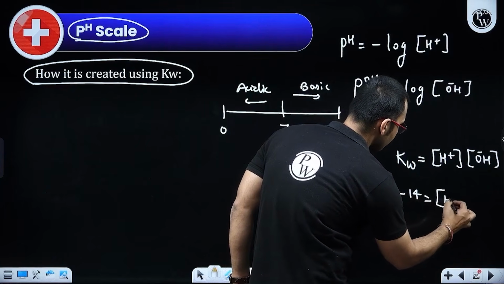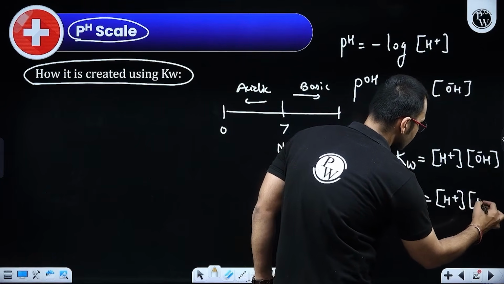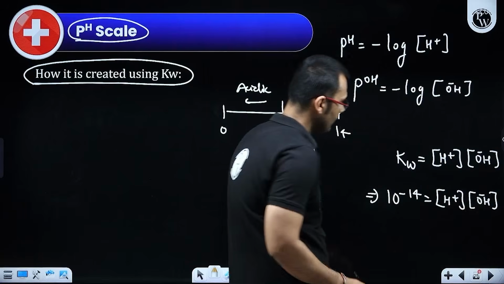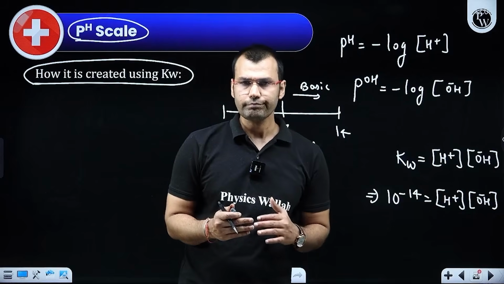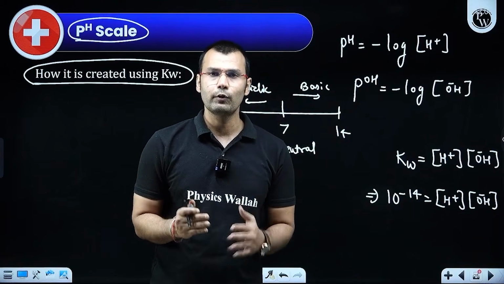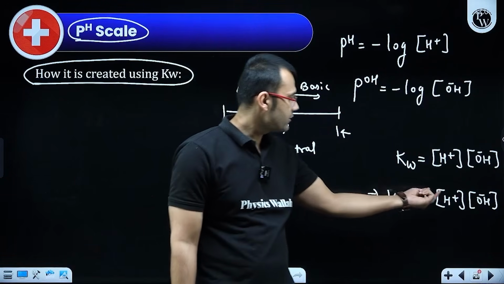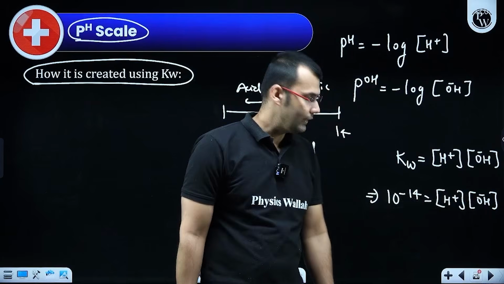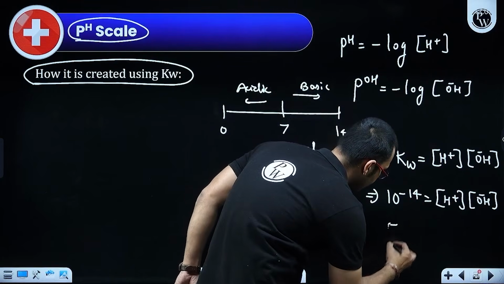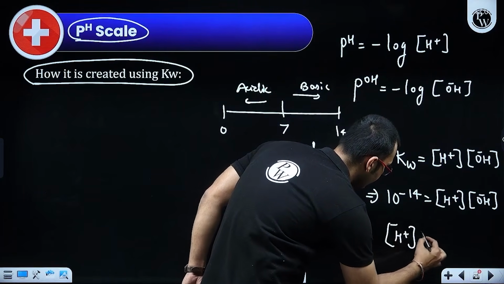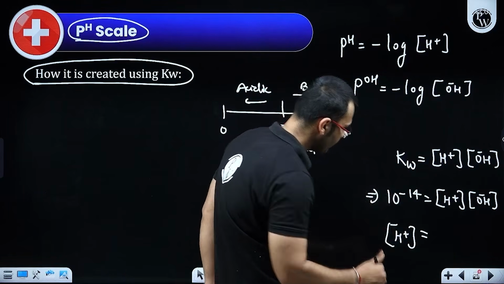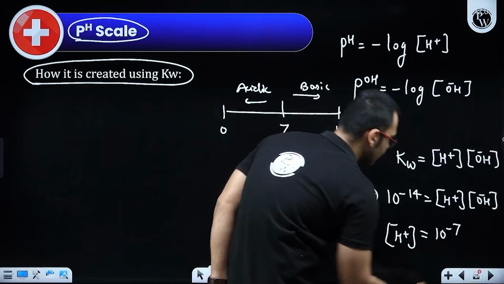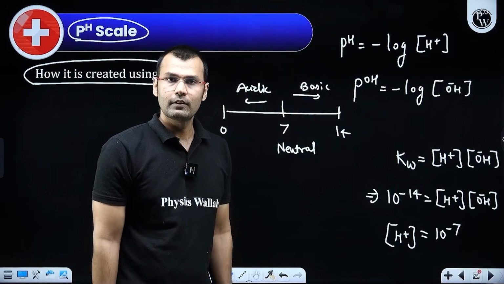Now this should be equal to concentration of H plus into concentration of OH minus. Because during the ionization of pure water we have equal concentrations of H plus and OH minus, I can obtain that the concentration of H plus in pure water is 10 to the power minus 7 at 25 degrees C, right?